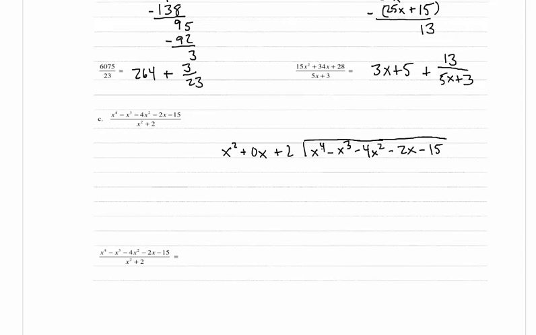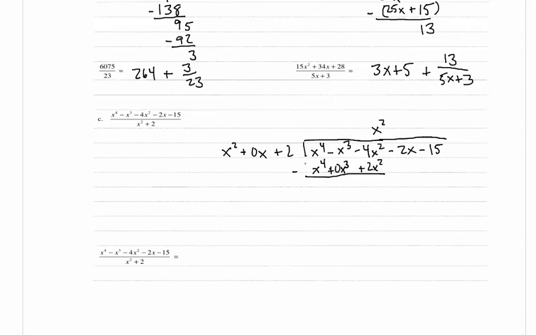And now we need to determine how many times x squared goes into x to the fourth, and that would be x squared times. So we're going to have x squared times x squared is x to the fourth. X squared times 0x is going to be 0x cubed. And then we're going to have x squared times 2 is 2x squared.